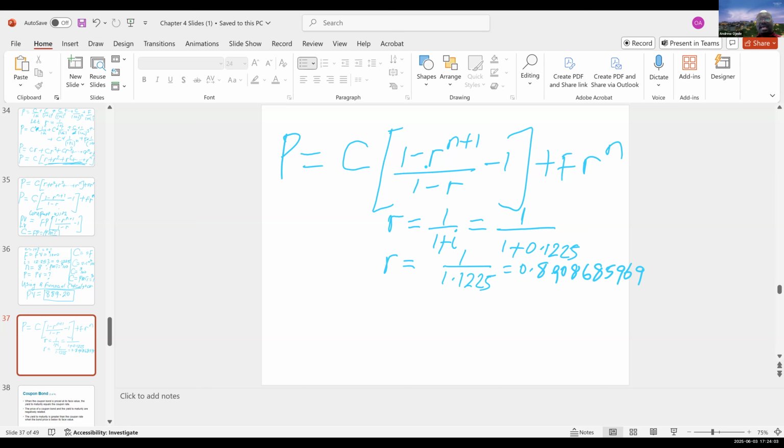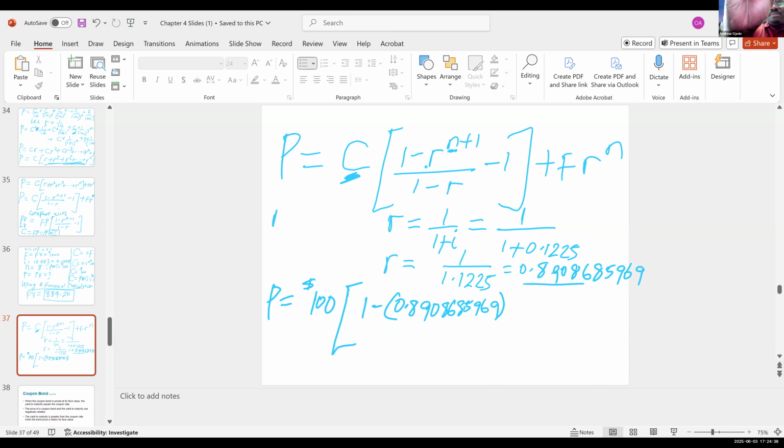Now let's substitute the known values. The present value is equal to C, which you already found is 100, that's the coupon payment, times the quantity 1 minus this ugly number, 0.890868585969, raised to the power n plus 1.